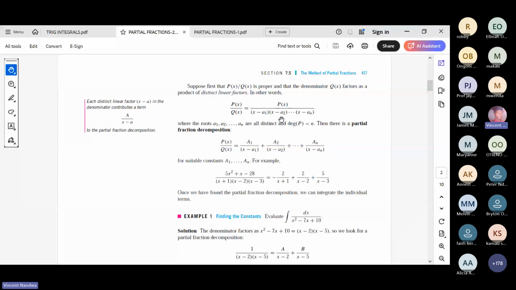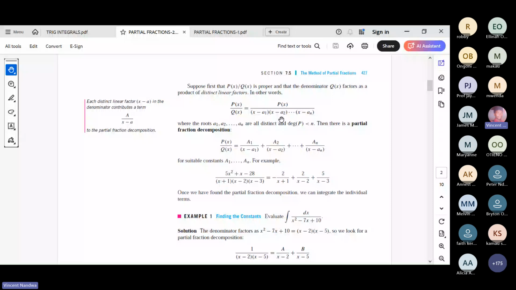So once you have equated the two numerators, it is time now to find the constants a1, a2, and a3. And there are many ways of doing this. One way, you can expand the side which has the constants a1, a2, and a3, then rewrite those terms such that we have the coefficient of x squared, coefficient of x, and then the constant term, and then relate the coefficients on either side.